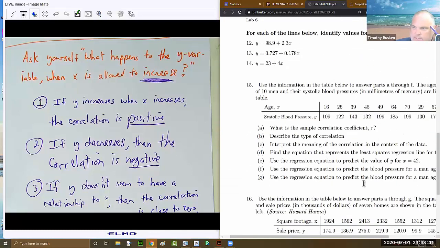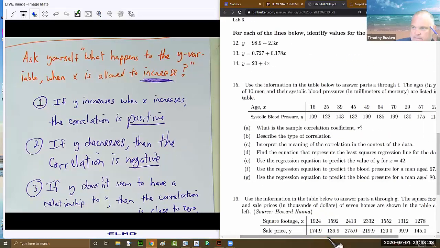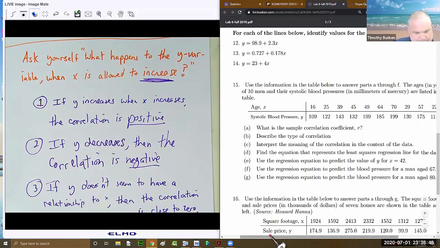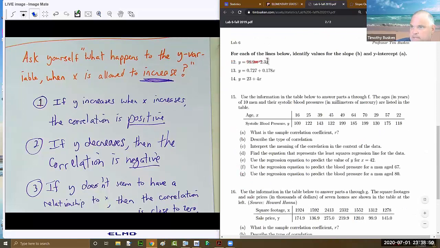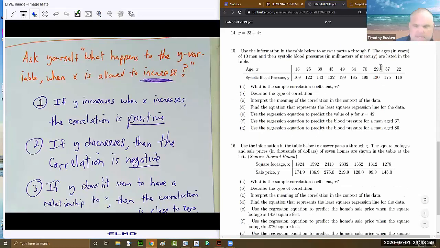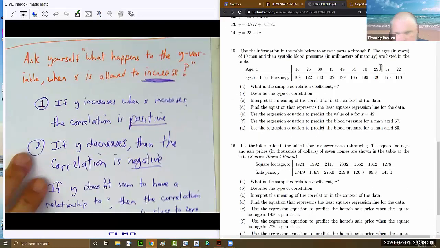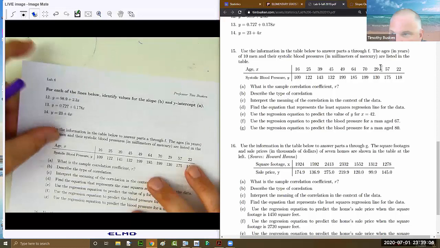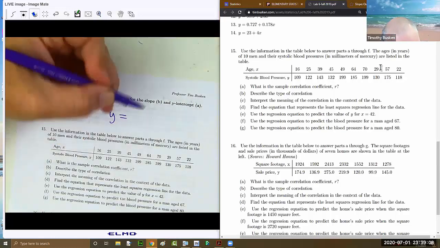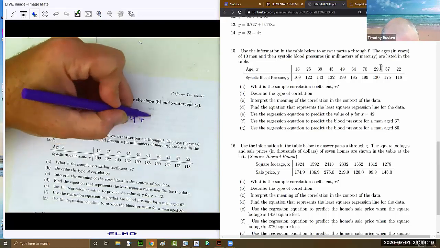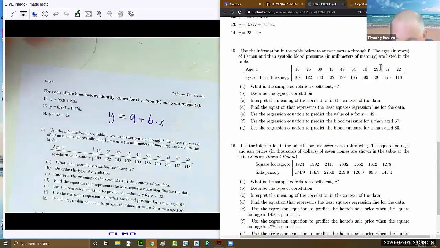Let's take a look at questions 12, 13, and 14 real briefly here. Let me zoom out so we can see the question. Okay, so the question is this: for each one of the lines below, I think that should say linear equations, identify values for the slope and the y-intercept. Well, that's fairly easy, folks. We know that, at least in this class, linear equations will have the form a plus bx, a plus b times x.